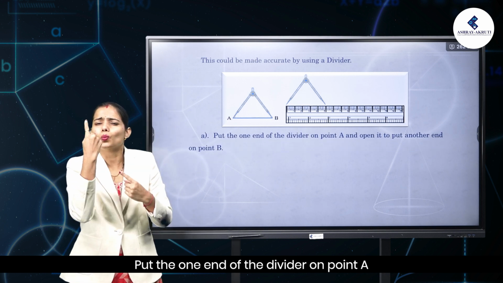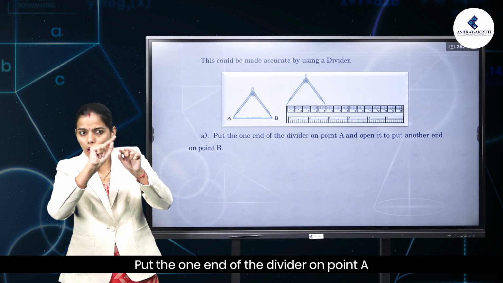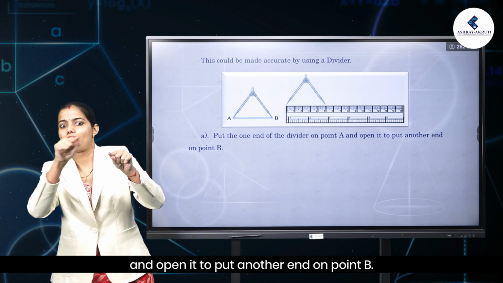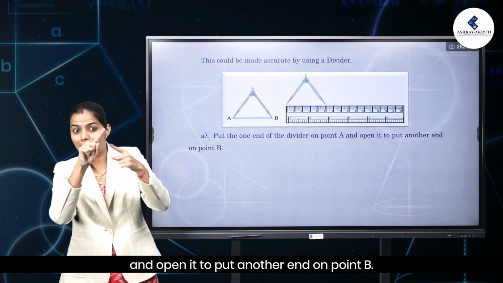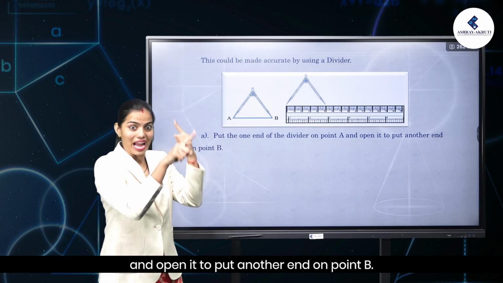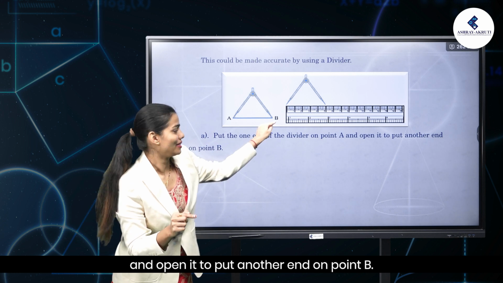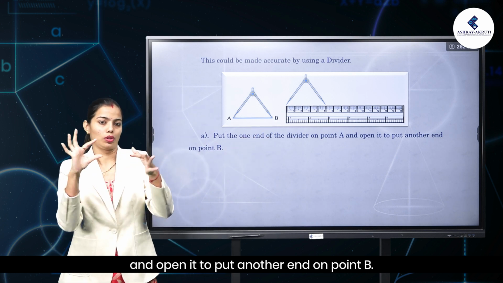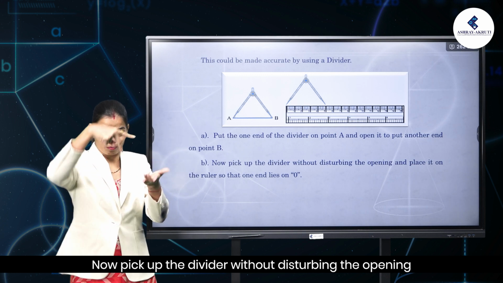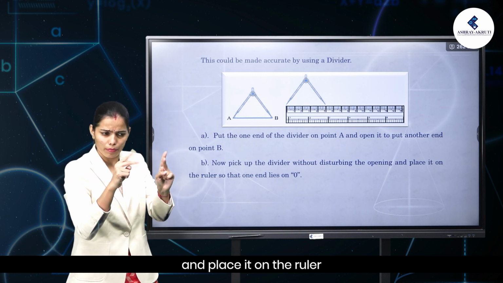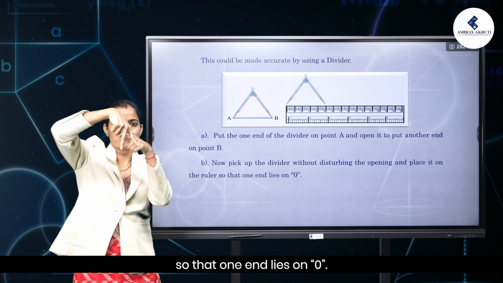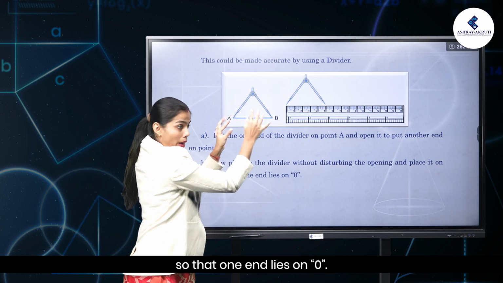Put one end of the divider on point A and open it to put the other end on point B. Now pick up the divider without disturbing the opening and place it on the ruler so that one end lies on 0.